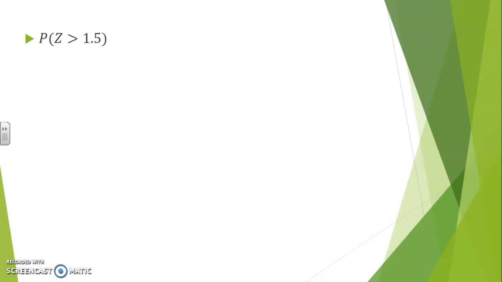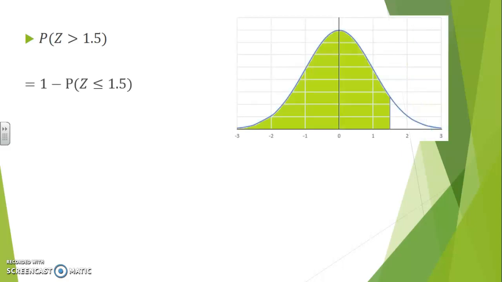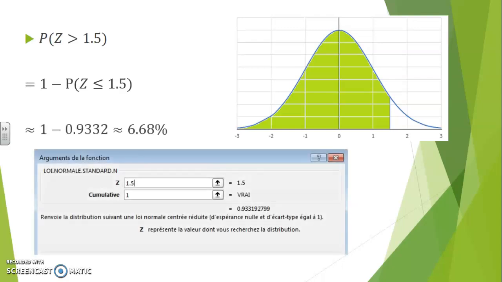If we wish to obtain the probability that Z will be greater than 1.5, then we will have to reverse the situation and find how much is left of 1.5 and go by exclusion. Once again, Excel can provide the value of the area left of 1.5 and we can calculate the difference.